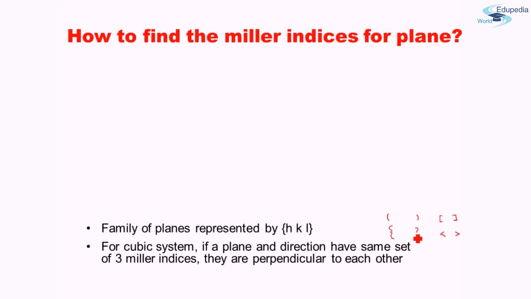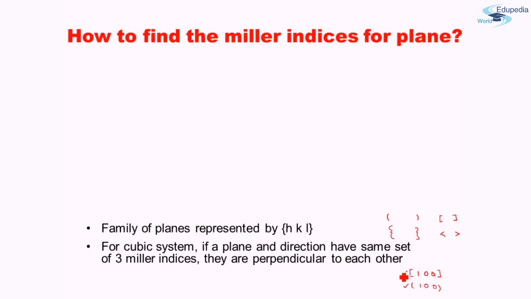Then again, in a cubic system, if we have a plane and direction such that the direction is, let's say, [1 0 0], and the plane is also (1 0 0), then for a cubic system, without doubt you can say that this direction is perpendicular to this plane. It is always true. This is the result of geometry. So this won't ever collapse. This will always hold true.